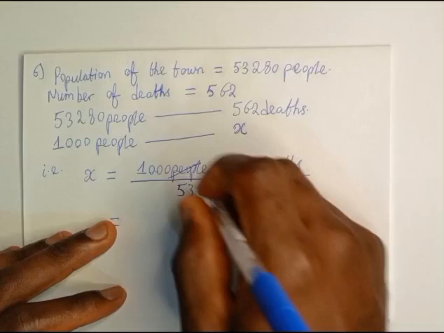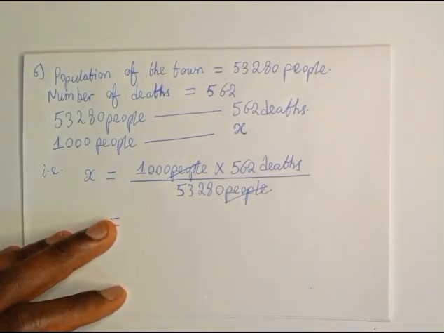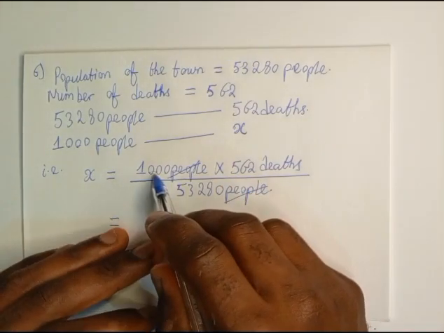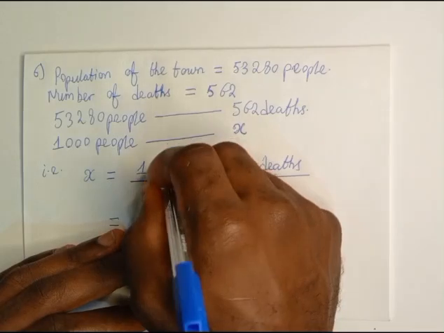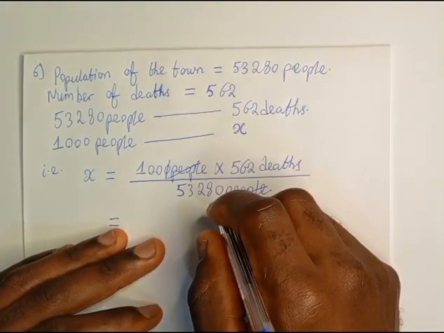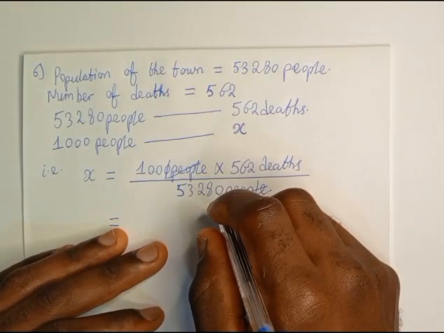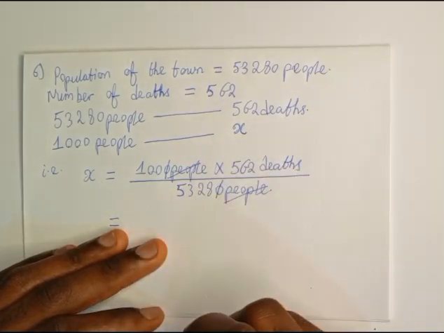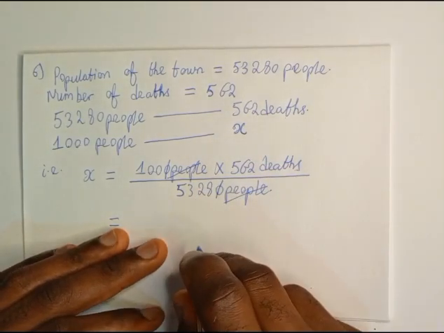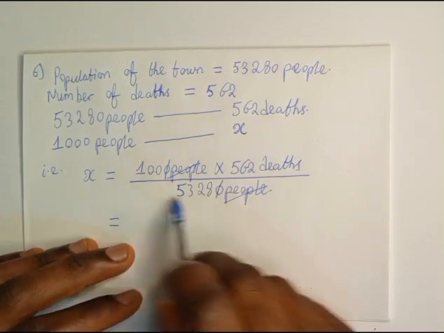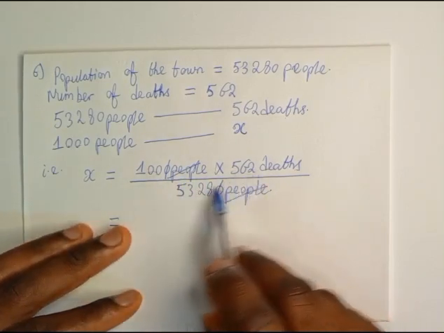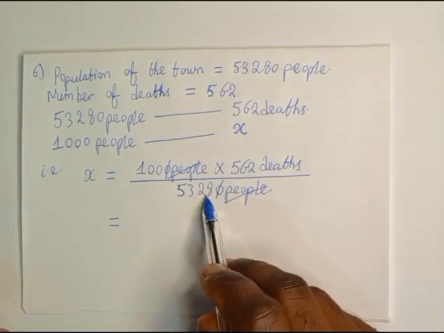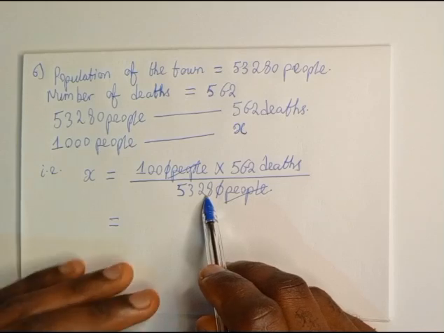You see people will cancel people. 1,000 divided by 10 gives us 100. 53,280 divided by 10 gives us 5,328. Look at the numerator and the denominator. You see that there is no common factor again.